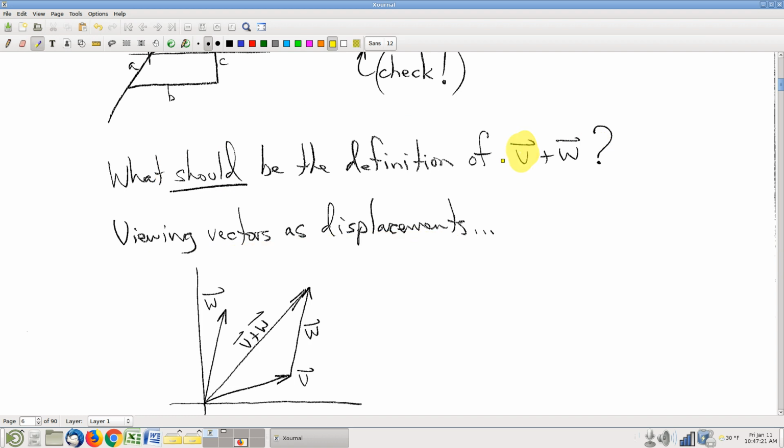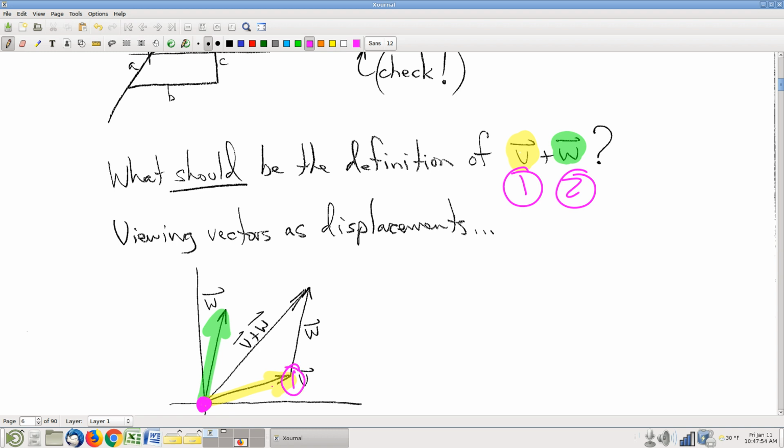This first vector, if that represents a displacement, and this second vector, if that represents a displacement, let's entertain the possibility of what would happen if I were to start at that point and compose: first displace as instructed by V, and then, having done that, from that point subsequently displace myself as indicated by W. First, I'd end up there.